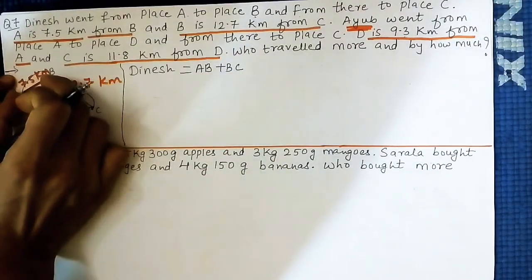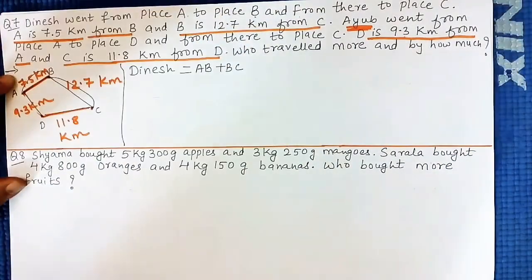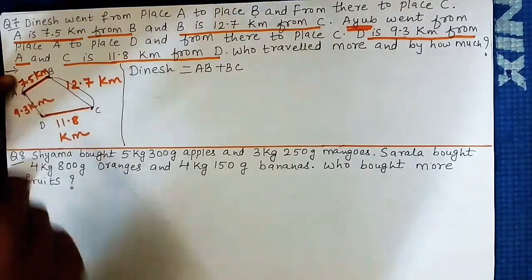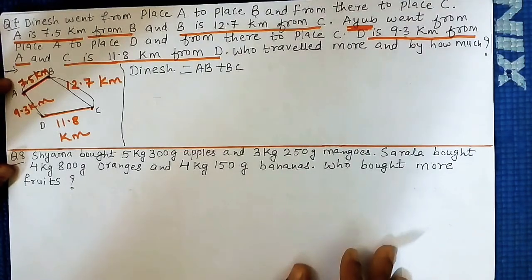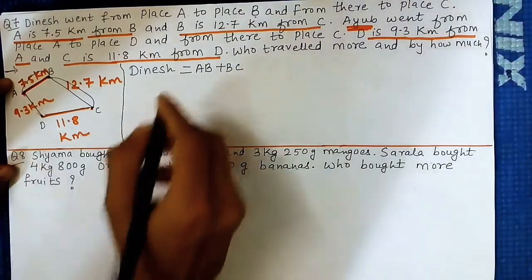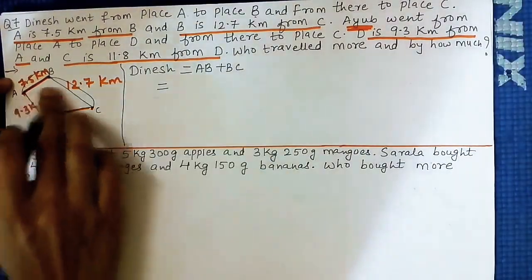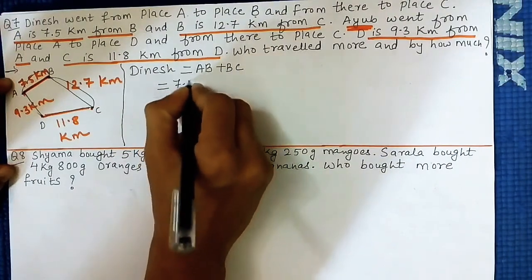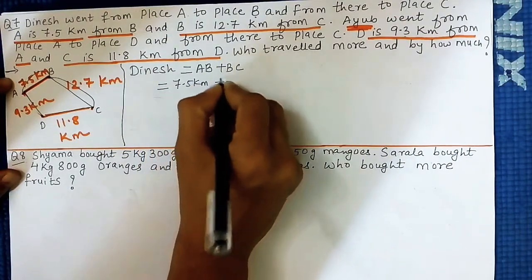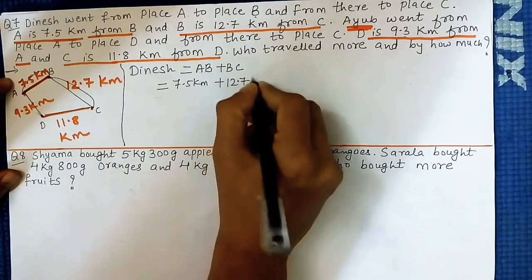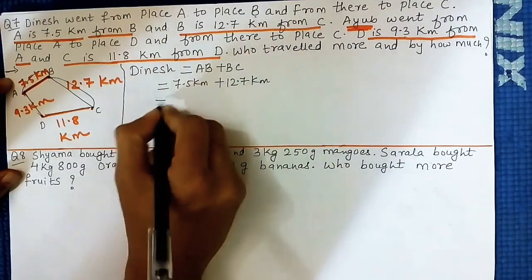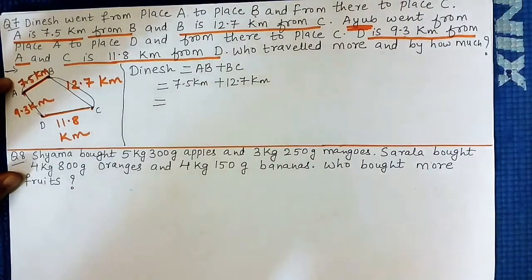This AB and then this BC, both we will add, okay, then we will get the distance of Dinesh. So let us start. AB is given 7.5 kilometers plus BC is given 12.7 kilometer. Now we will add 7.5 and 12.7.